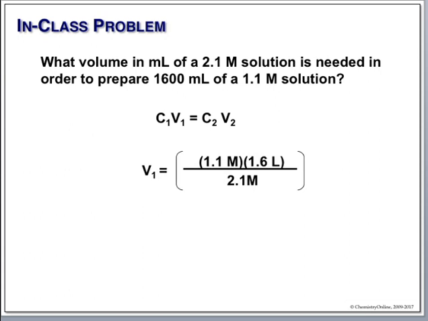All we have to do, 1.1 times 1.6 divided by 2.1, 0.84 liters, or 840 milliliters. All dilution problems are going to come down to this one simple equation. Concentration, volume, moles.